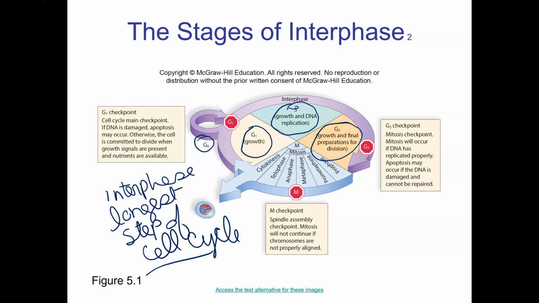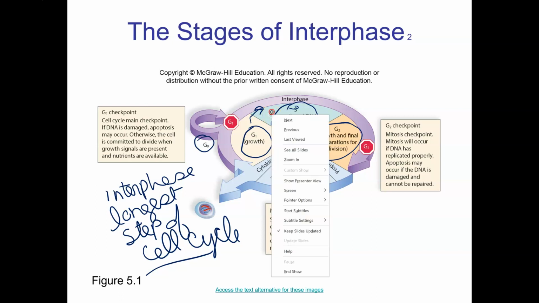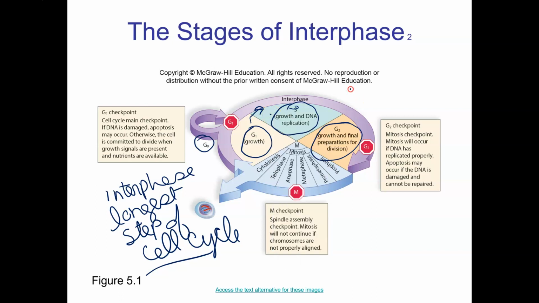So in G1, the cell is going to be producing proteins necessary for the S phase or synthesis. The cell is also going to be doing normal metabolic activities, and it's going to start getting larger. Then we hit that S phase. This is the synthesis phase, and in synthesis, the DNA is going to replicate. That's why it's called synthesis, because synthesis means we're producing something.